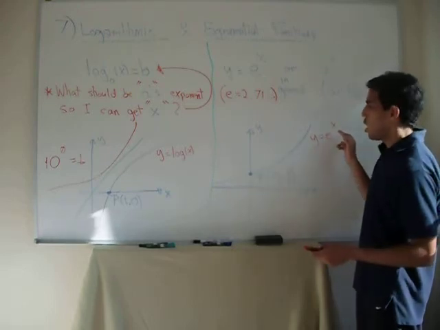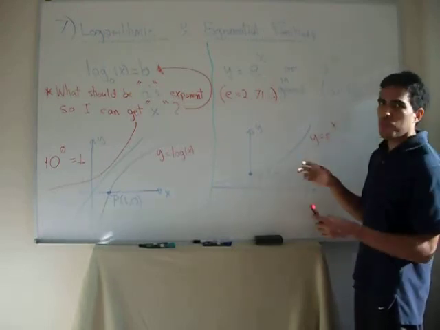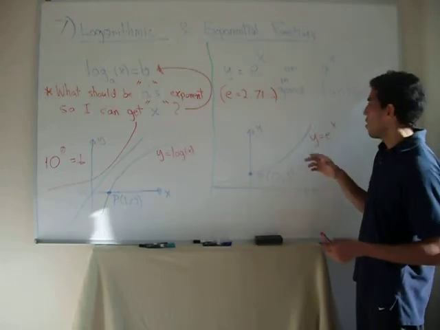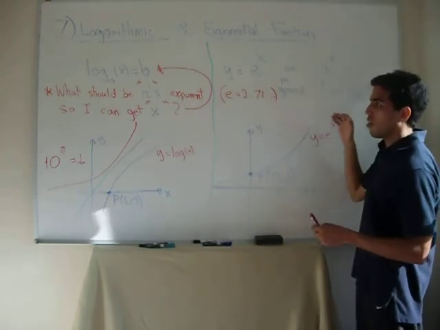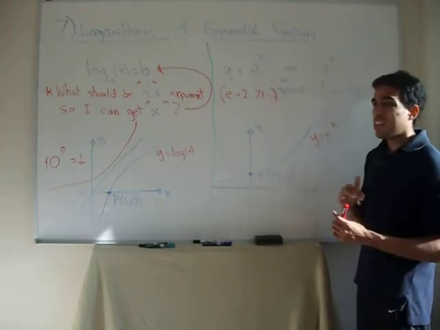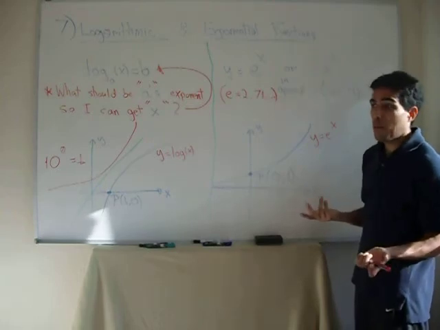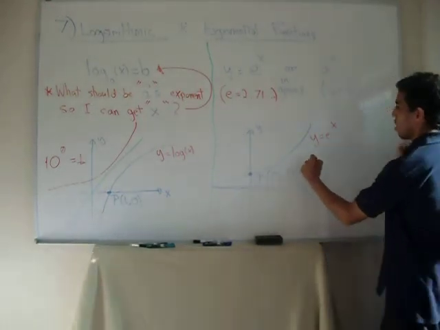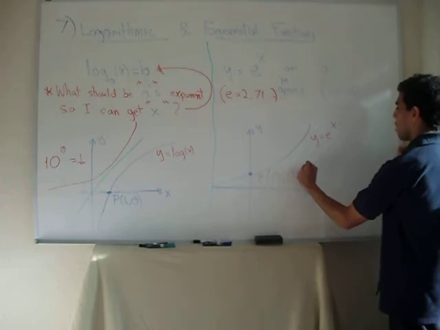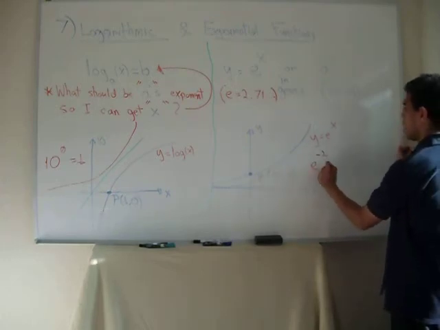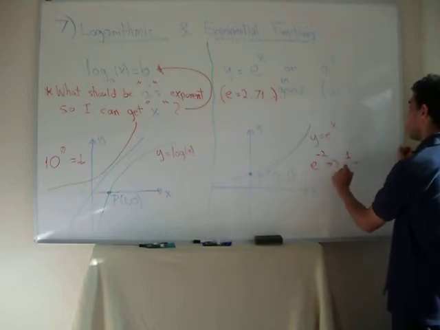If I have e raised to 2, well, it's a positive number. e to the 4, e to the 10, and so on. And even if the exponent is a negative number, the result is still going to be positive, because you're going to have something like y equals e to the -2, for example, and all this is simply 1 over e squared.